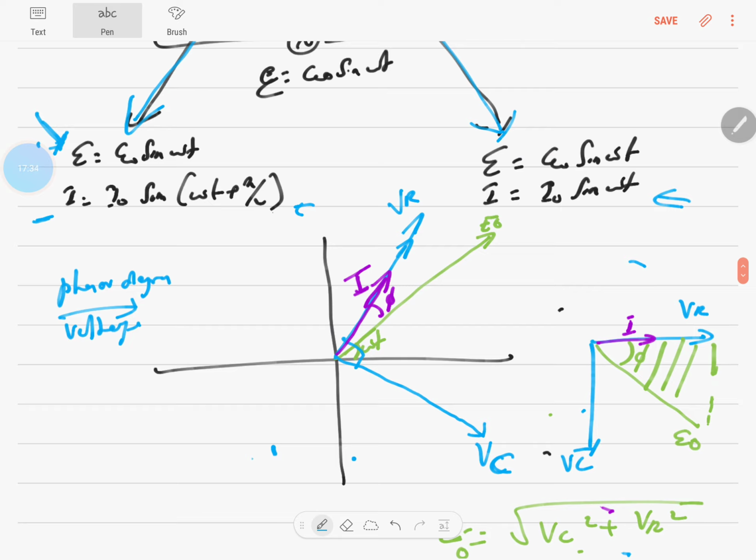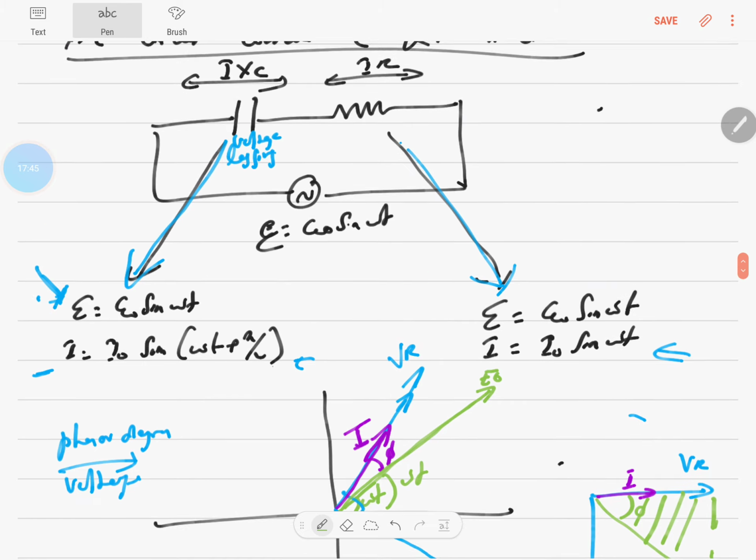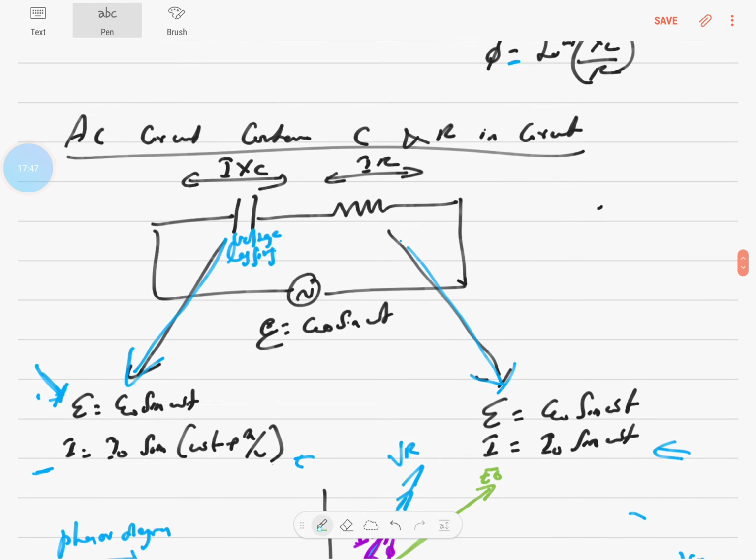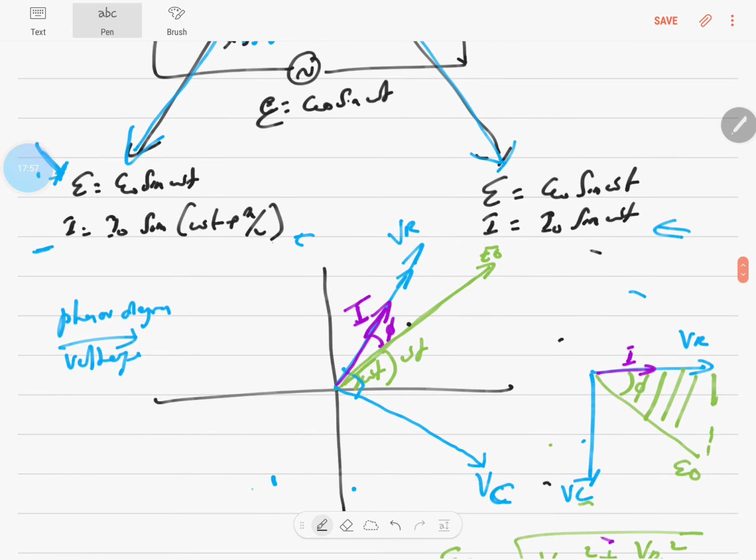I'm trying to do a phasor diagram where I'll always mark E naught making an angle omega t with the x-axis. The first thing that I'll do is that, and break the E naught into two components, but I have to do it carefully here. I should understand that in the capacitor, the current is ahead, so the voltage will be lagging. So between the resistor and the capacitor, the voltage of the capacitor has to be lagging.